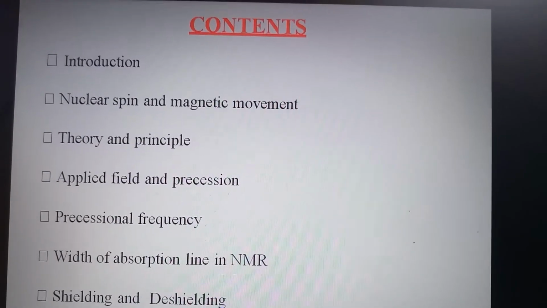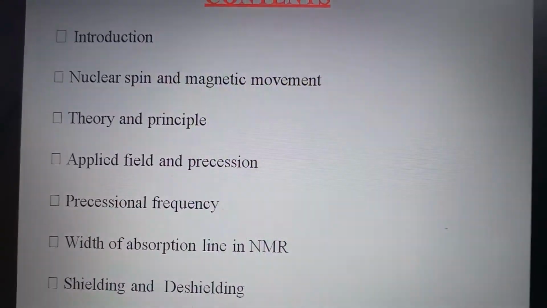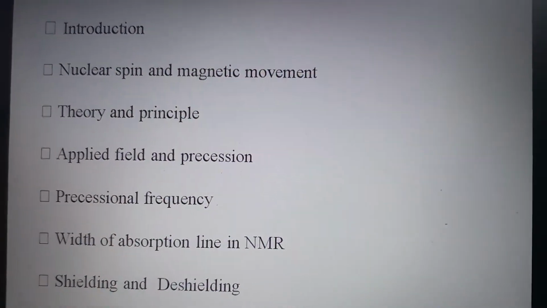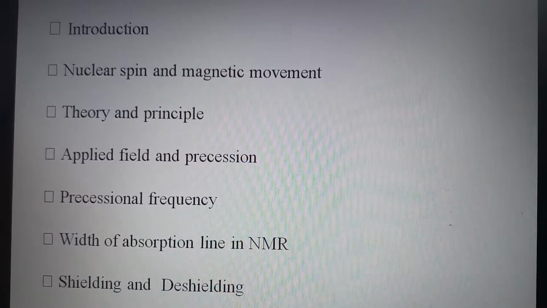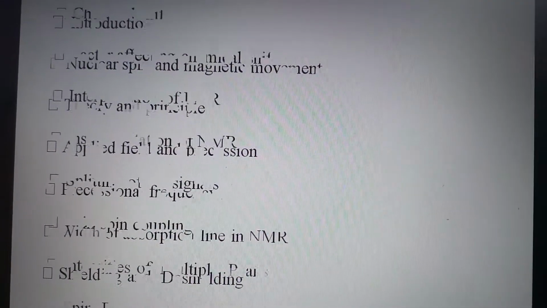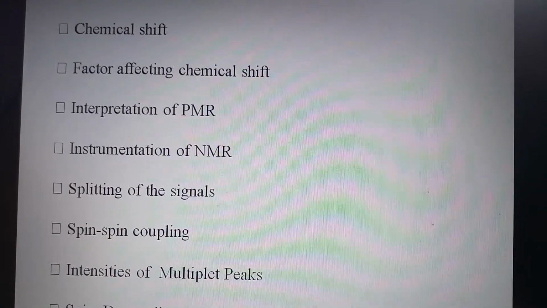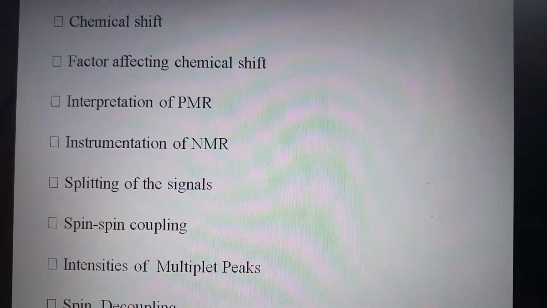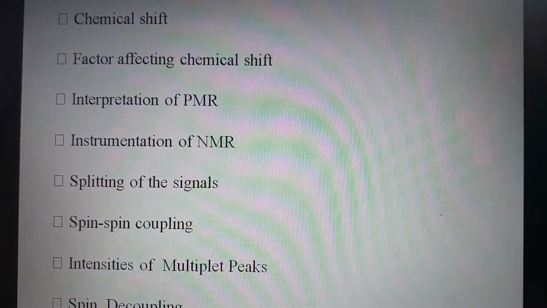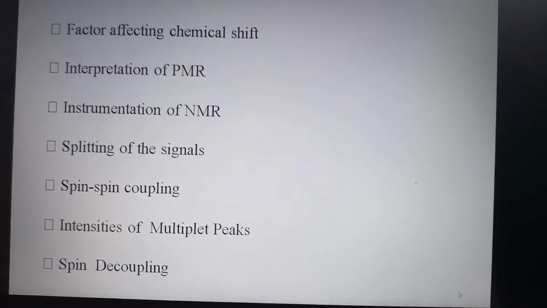According to the syllabus, the contents are introduction, nuclear spin and magnetic moment, theory and principle, applied field and precession, precessional frequency, width of absorption line in NMR, shielding and deshielding, chemical shift, factors affecting chemical shift, interpretation of PMR, instrumentation of NMR, splitting of the signals, spin-spin coupling, intensities of multiple peaks, spin decoupling.